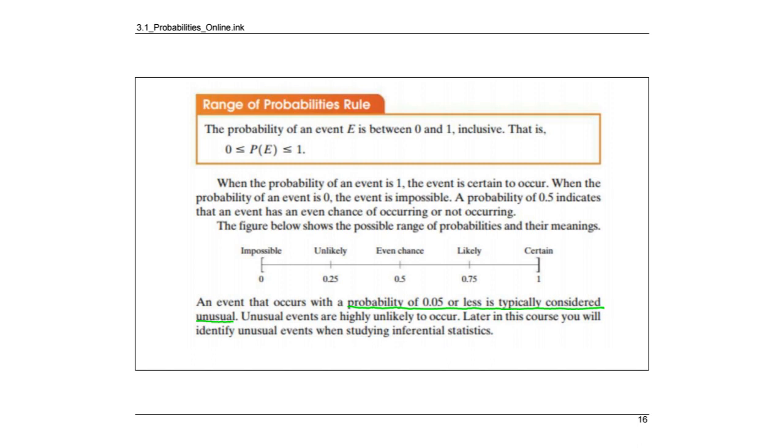That would be like when we tossed a 6-sided die and we were looking for a 7. Not going to happen. That's impossible. 0.25 here is unlikely. In the middle, you have an even chance. That's like tossing a fair coin. 0.75 is likely, and 1 is certain. Unusual means that it's going to be very close to 0, and we'll get to that in a little bit.